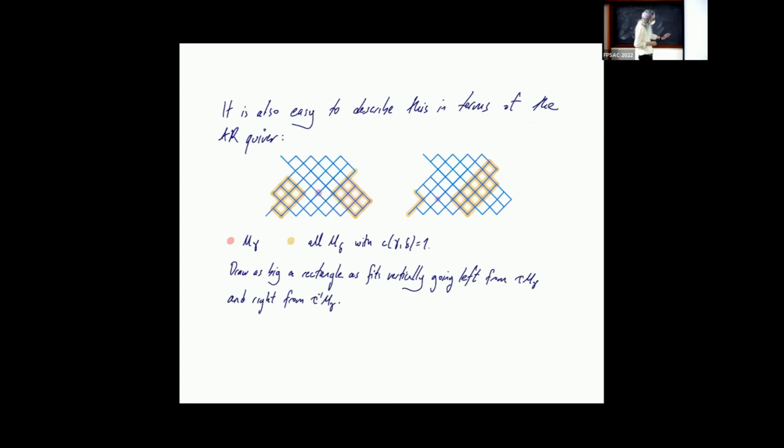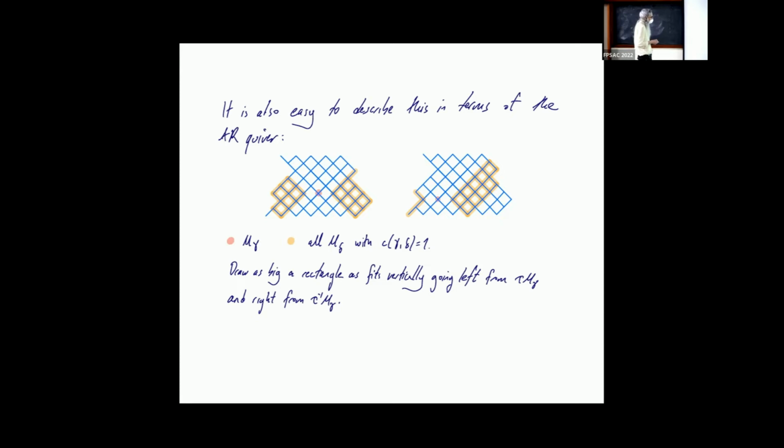It's also interesting to see this in the Auslander-Reiten quiver. Oh gosh, it's really not very visible, is it? What I was trying to draw here is this is my M_gamma, and then we're supposed to look at where in the Auslander-Reiten quiver are the vertices that correspond to things that cross it.